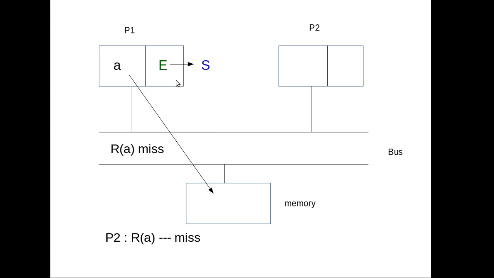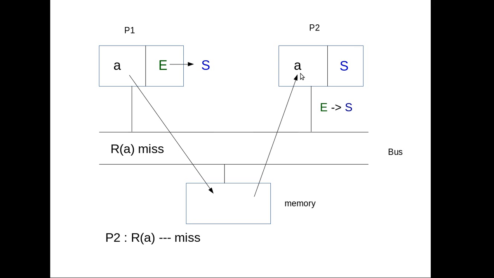Next, so now P2 can get the data into cache line from memory. So shared state.